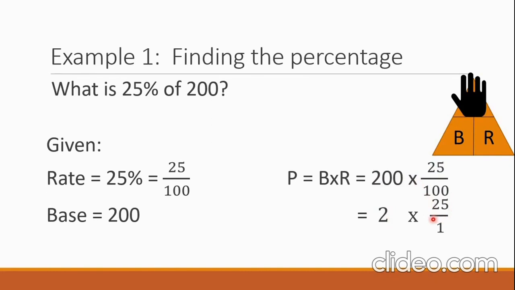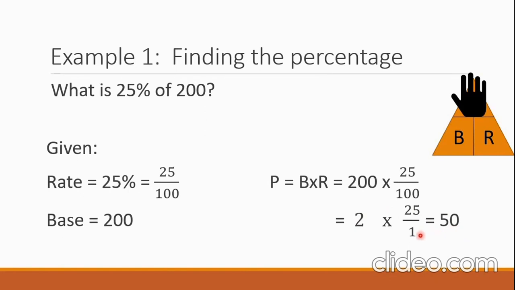It gives us 50 over 1. And the denominator 1, we will not copy anymore. So this is our answer. This is 50. It means 25% of 200 is 50.